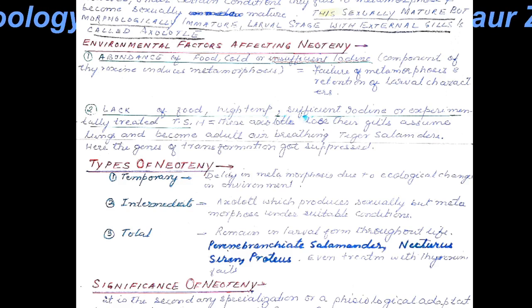Intermediate type of neoteny is exhibited by axolotl larvae, which reproduce sexually, that is, exhibit the phenomenon of paedogenesis, but on arrival of suitable conditions, they metamorphose into adults. The total neoteny is exhibited by perennibranchiate salamanders, Necturus, Siren, and Proteus.